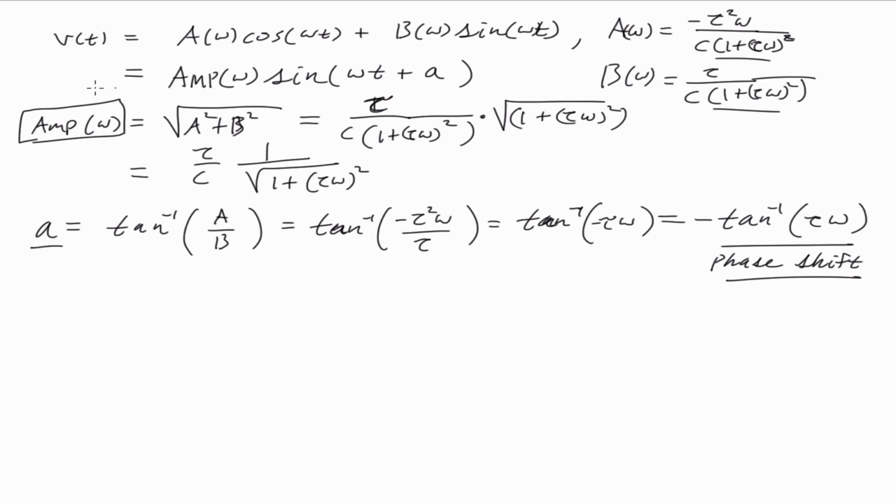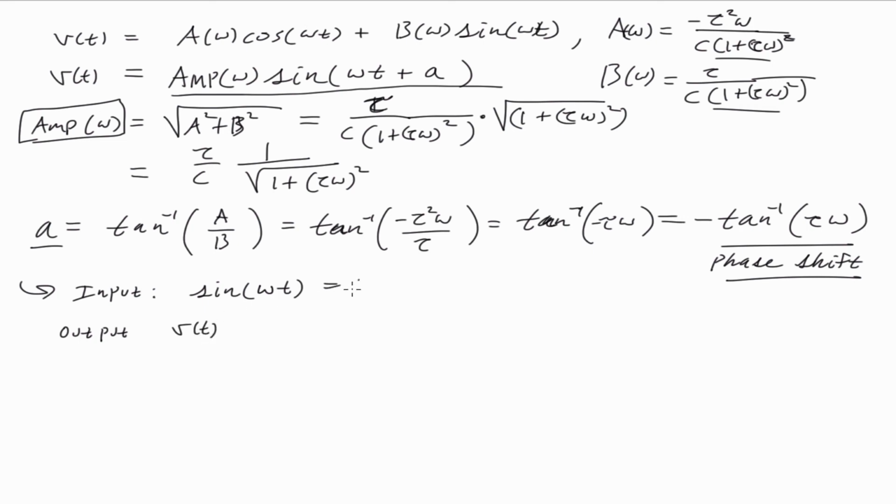That's that A value. And again, our voltage that we're interested in is this. Remember again our input. The input current was just sine omega t. That's our I of t. And our output amplitude is going to be related to the input as follows.